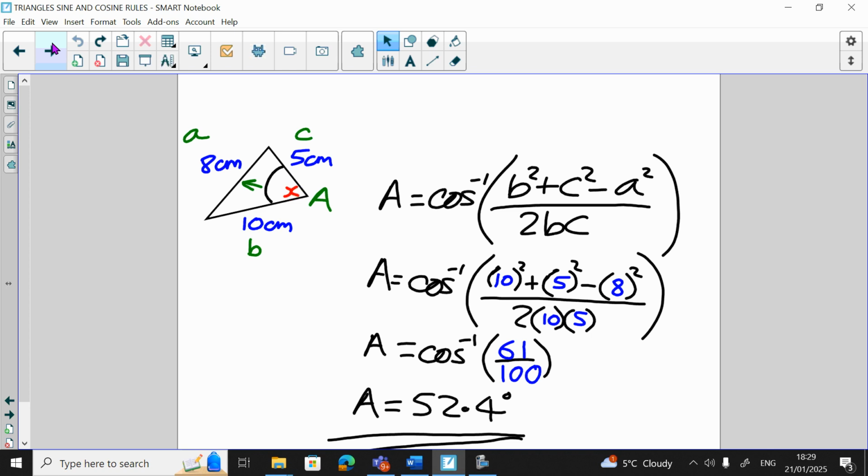Doesn't matter. I could have had 52.41, I could have had 52.410, 52.410497004. You just round it to whatever you want, because nobody's actually asked you about a specific number of decimal places.